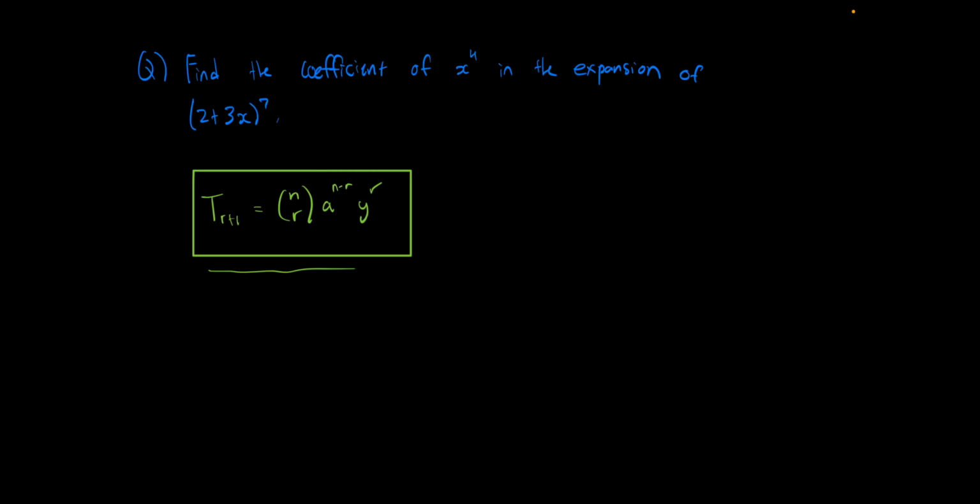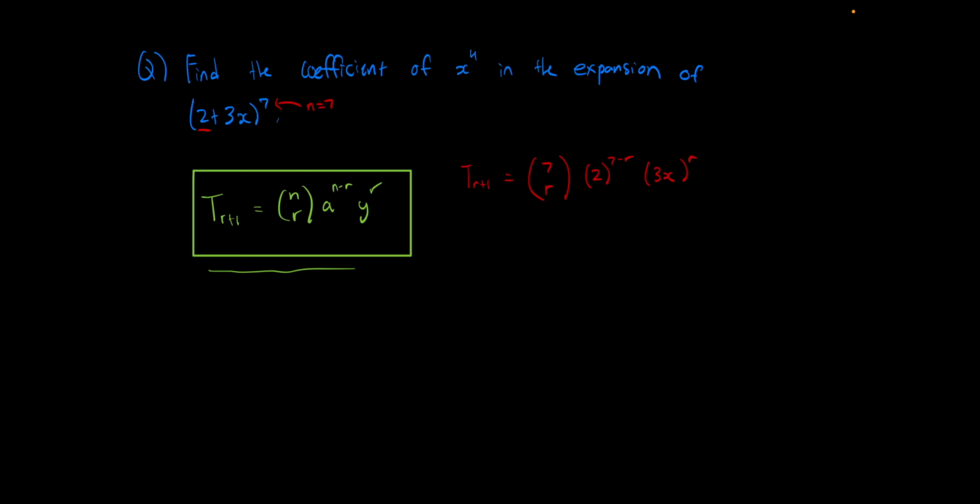So the key to finding the value of r is to first just list out what we have. So we have T r plus 1, and in this case n is equal to 7. So we'll put 7 choose r, and then a is equal to 2, and it's going to be 7 minus r, and then y is going to be (3x) to the r.